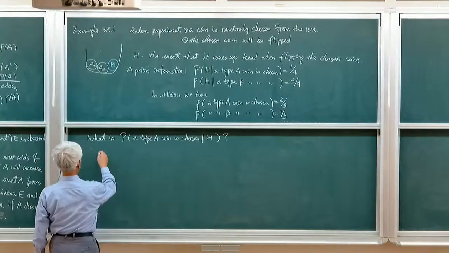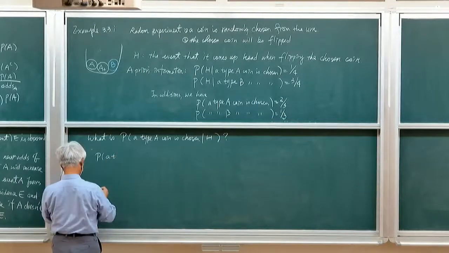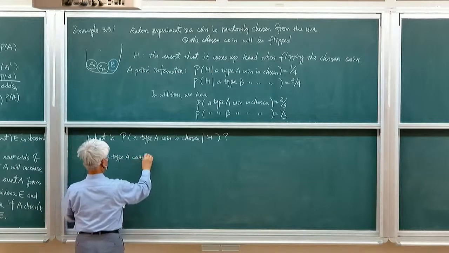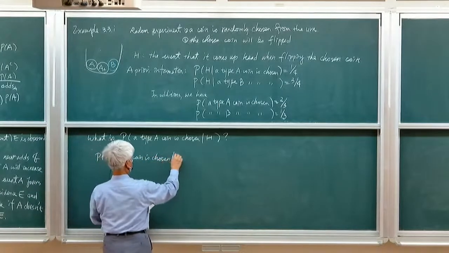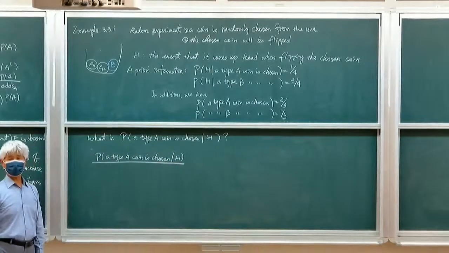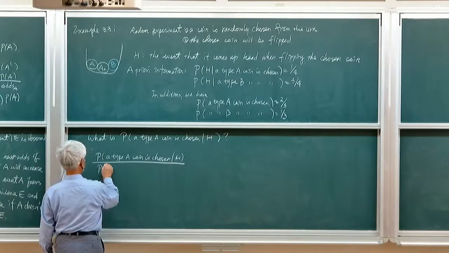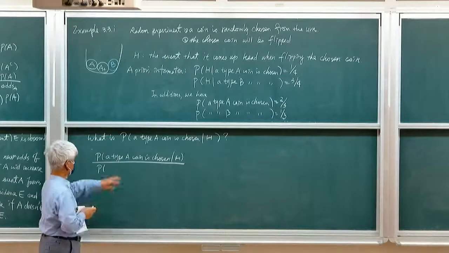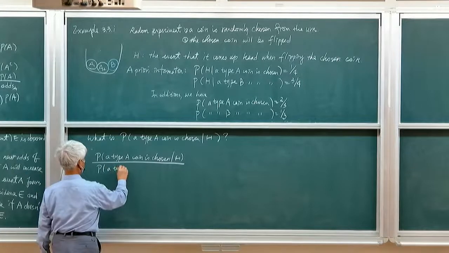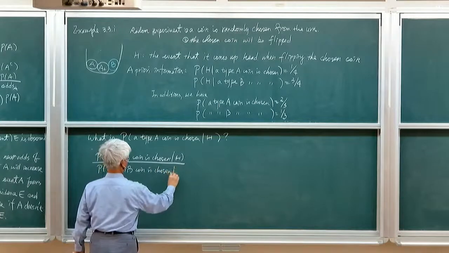So the new odds of the type A coin is chosen given the evidence, meaning that a head comes up when the chosen coin is flipped, and the complement of a type A coin is chosen is just a type B coin is chosen given head.